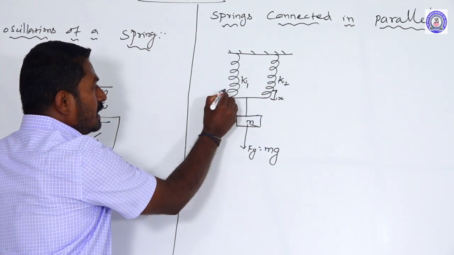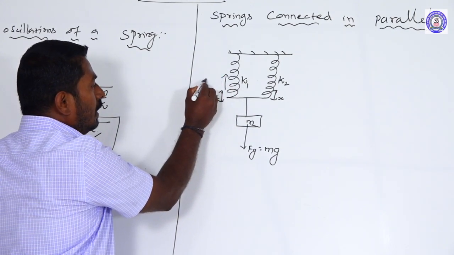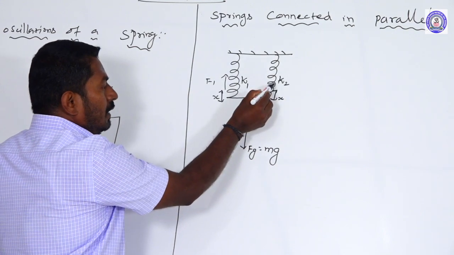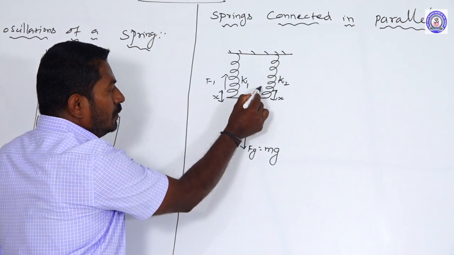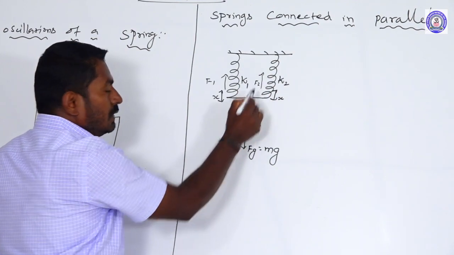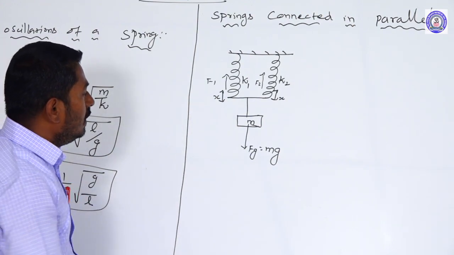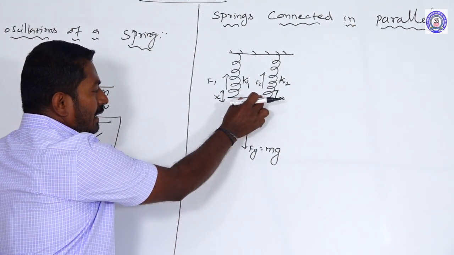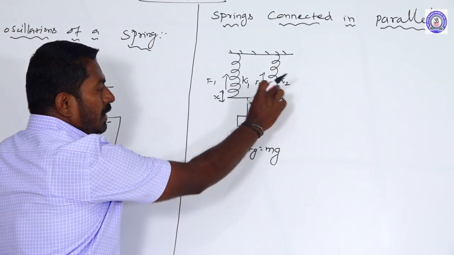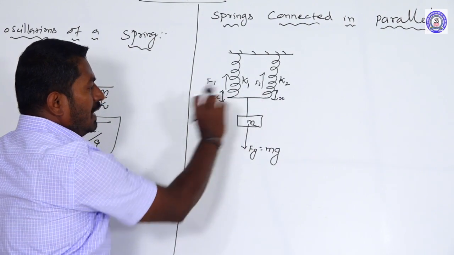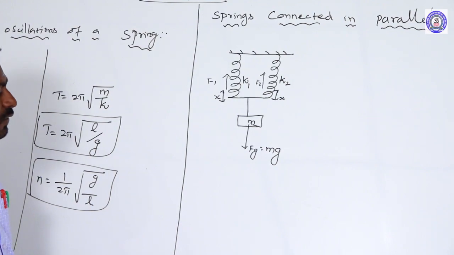The restoring force exerted by the spring with constant K1 is F1, and the restoring force exerted by the spring with constant K2 is F2. One important concept: when springs are connected in parallel and both lower ends are connected to the load of mass m, the extension is the same displacement x, but the restoring force developed within each spring is different.